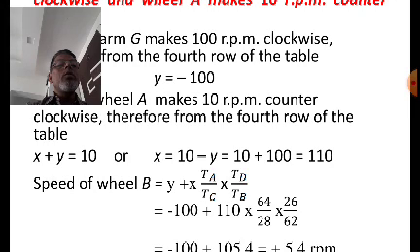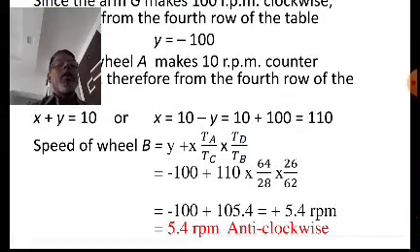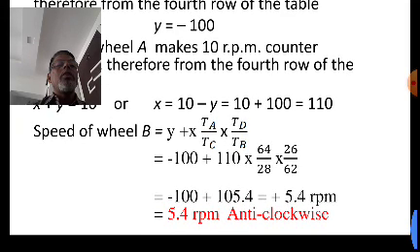So X is equal to 10 minus Y, Y is minus 100, so X will become 110. Now again for the speed of B, your equation is the same, only the values of X and Y will be different. So Y is minus 100 and X is 110. You substitute, you will get the speed of the wheel B as plus 5.4. That means now wheel B will rotate in the anti-clockwise direction, right? So the speed of the wheel B is 5.4 rpm in the anti-clockwise direction.